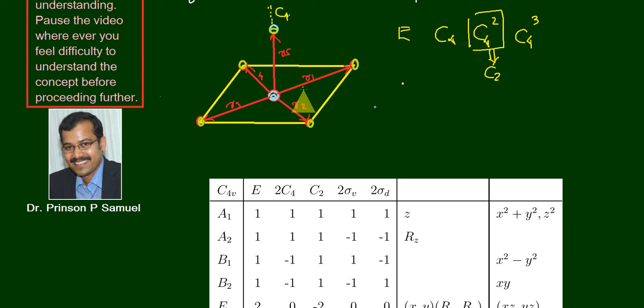And in addition to that, C4 and C2 are the same axis. Okay, in the case of C4 axis you are rotating 90 degree, but in the case of C2 axis 180 degree rotation is there. And then you can consider two sigma v planes. Sigma v planes are the vertical planes, that is, the planes containing the principal axis or C4 axis.